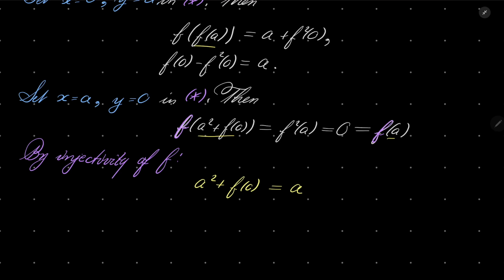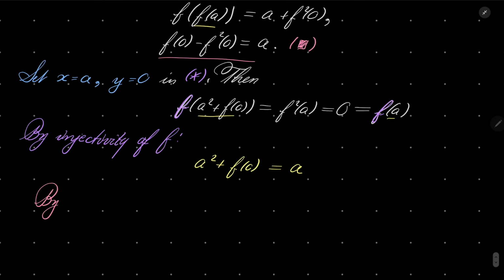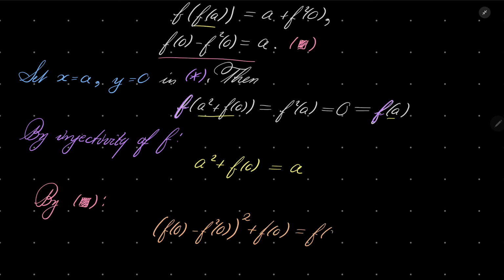And now, if I mark this condition here square, by my condition square, I can replace a by f of 0 minus f squared of 0. So by condition which I marked square, we have the following. f of 0 minus f squared of 0, squared, plus f of 0 equals f of 0 minus f squared of 0.